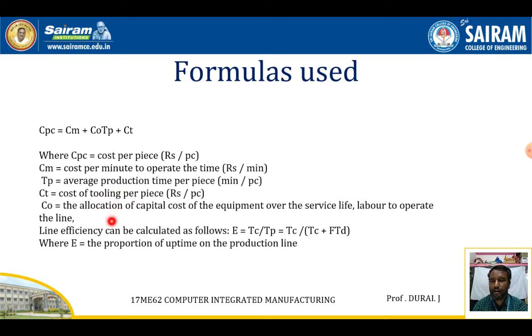CO is the allocation of capital cost of the equipment over the service life. Also, line efficiency can be calculated: E is equal to TC by TP, that is TC by TC plus F TD. Here E is the proportion uptime of the production line.